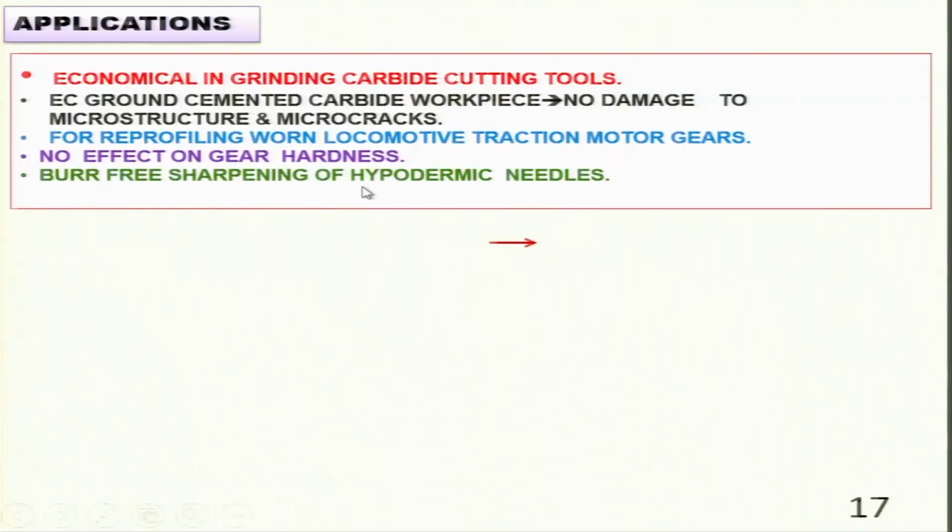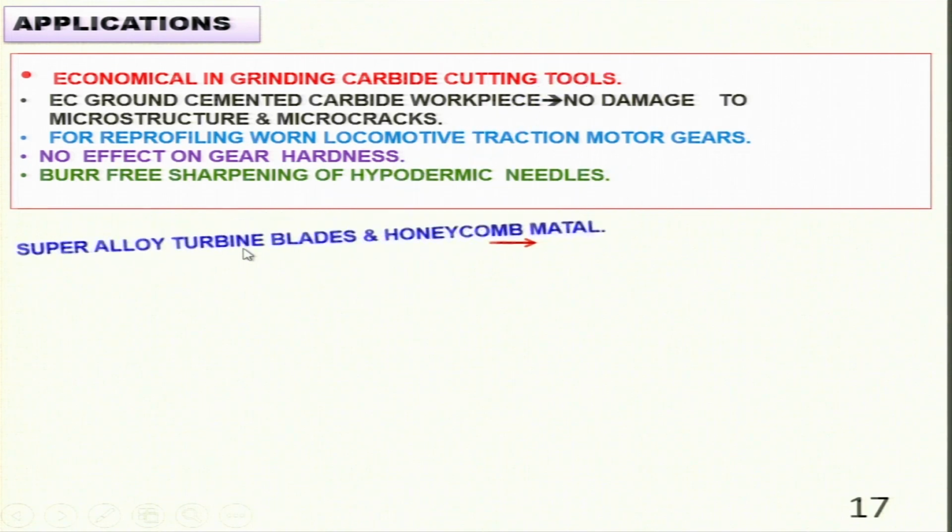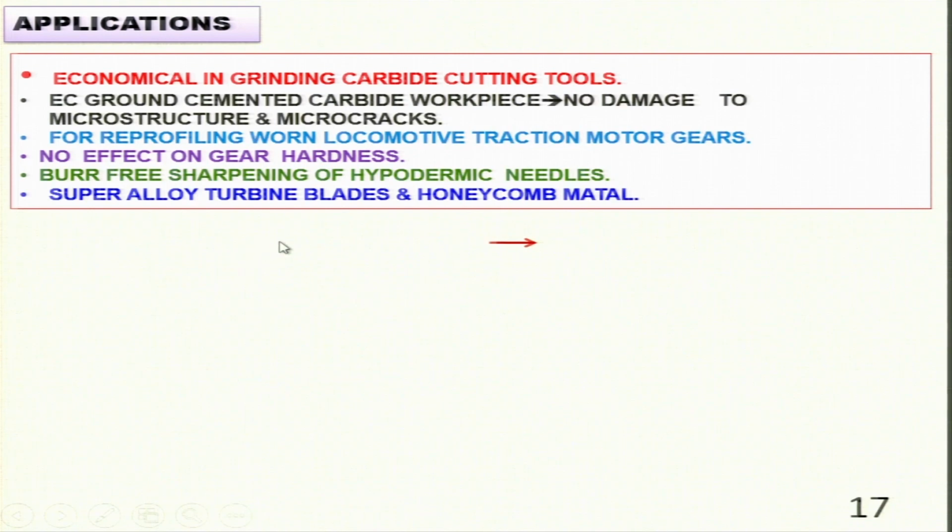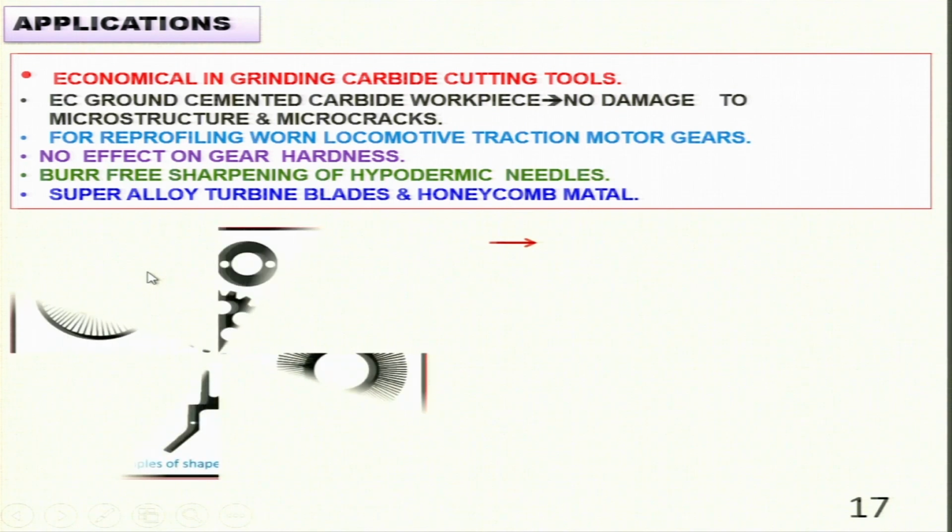Burr-free sharpening of hypodermic needles is another very important application. Hypodermic needles you can grind and remove all the burrs. Superalloy turbine blades and honeycomb metals, there also you can use the electrochemical grinding process.